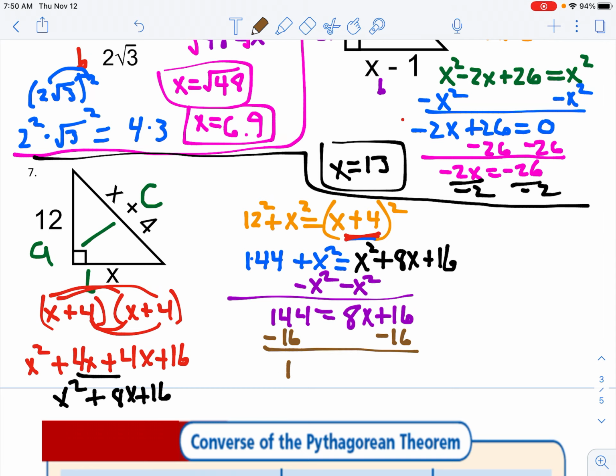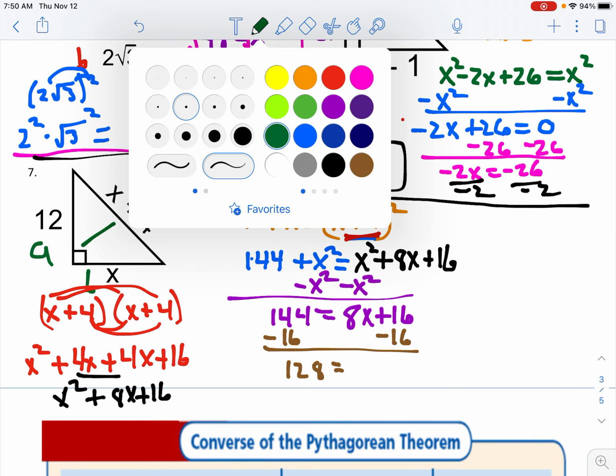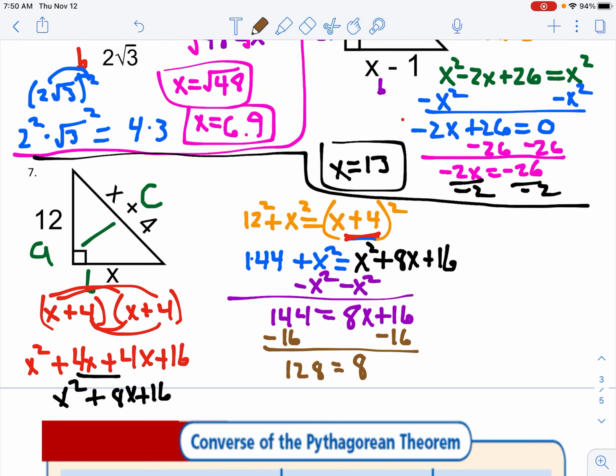I'm left with 128 equals x squared. Remember, we free up our x squared, we square root it, so I can leave my answer as square root of 128. Oops, sorry, let me go back. I don't know where I took my x squared from. I'm left with, whoa, my bad. I'm left with 8x left.